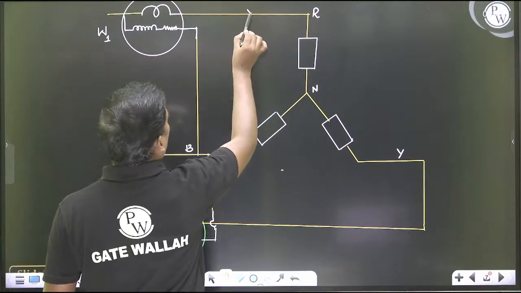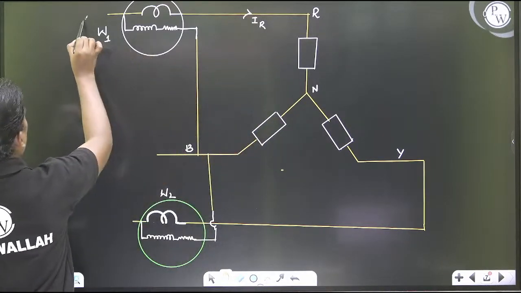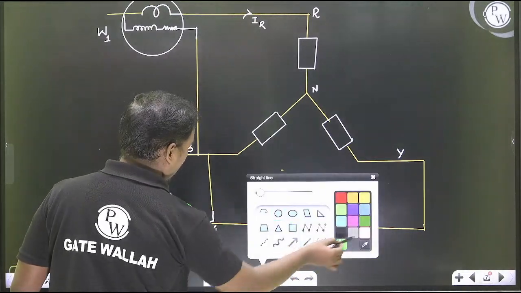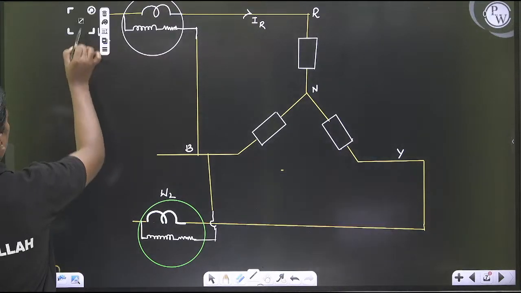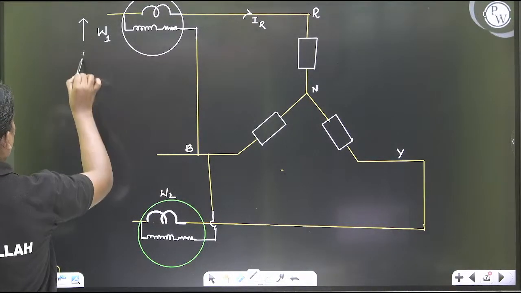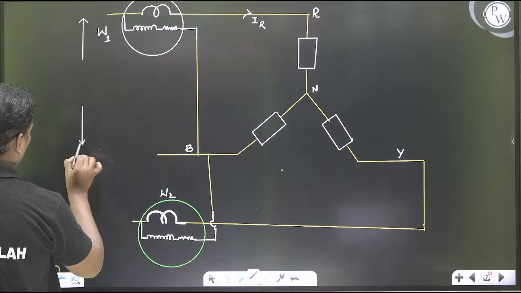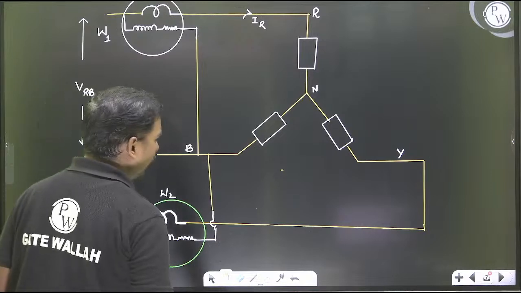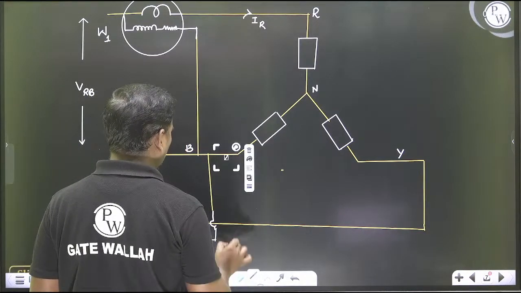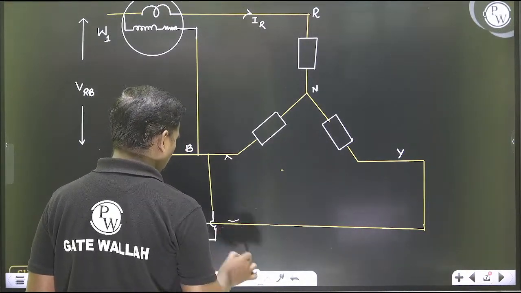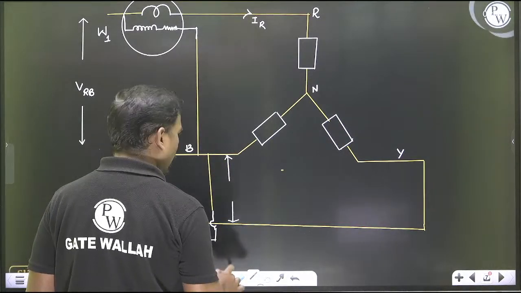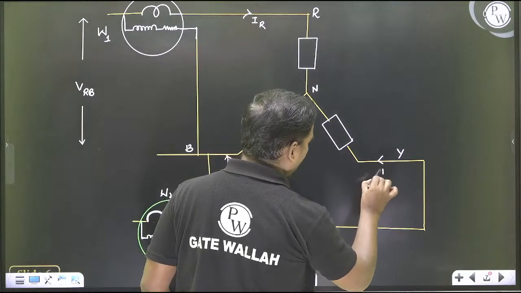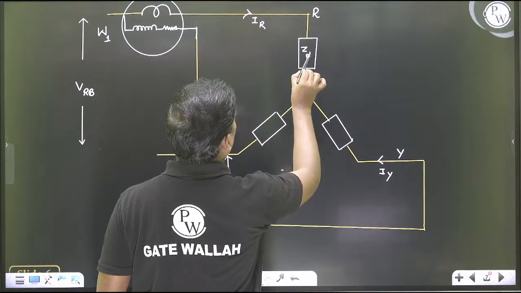If you see, this is a current IR, and now this is the voltage between VRB, and this is the voltage between VYB. Okay, and the current going here is IY. So this is the 2 wattmeter method diagram.